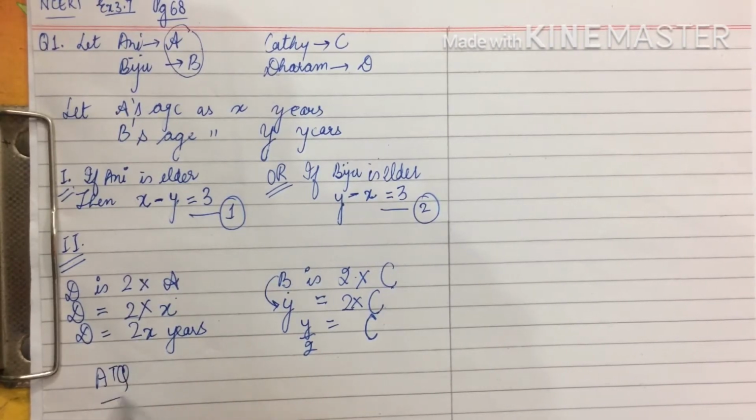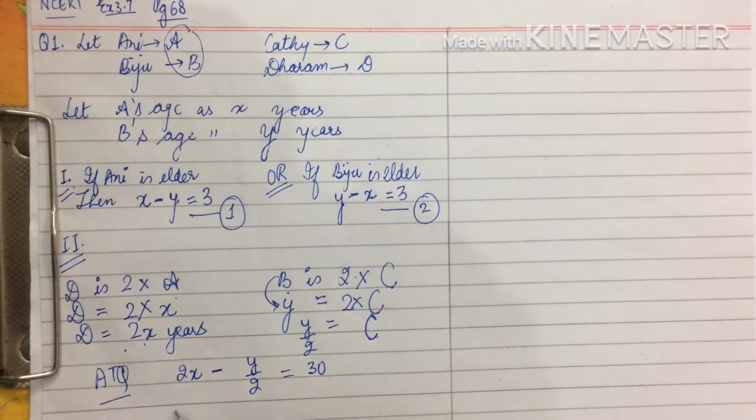According to the question, the ages of these two people differ by 30 years, means the difference of these two ages is 30. Now in this case, there are not two possibilities, there's just one possibility. Since Dharam is the father and Kathy is the sister of Biju, father will be elder, so the elder person's age minus the younger person's age, the difference is 30 years.